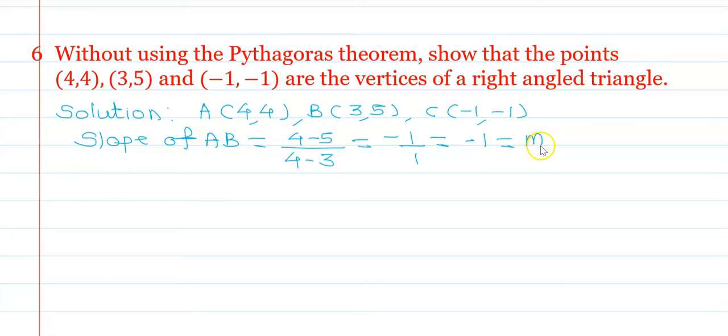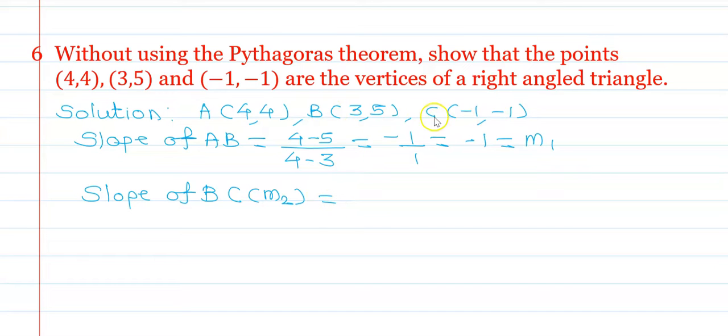This is the slope M1. Next, the slope of BC, and this is M2.